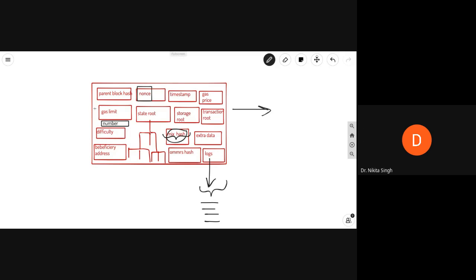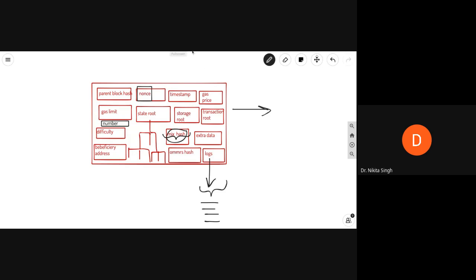You have gas price, gas limit, and then you have the state storage, the state root, the storage, and the transaction. Then you have the beneficiary address. It is the address of the miner who will receive the reward for mining this block. Mix hash is used for verifying the nonce that has been computed as a result of the difficulty target. Extra data is nothing but extra storage provided inside the block if some data needs to be stored.